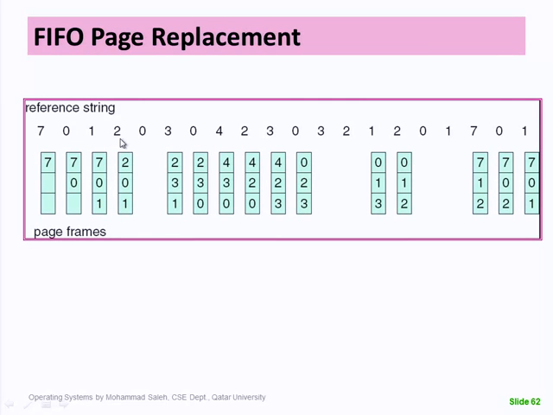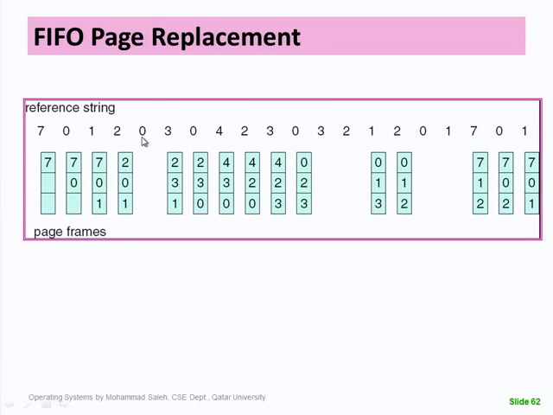Now at this point, the process is referencing page 2. Page 2 is not in memory. So what we needed is to use a particular replacement algorithm. In this case, for example, it's FIFO. It says the one that was first in is the victim. Okay, and the one that was first in is 7, so it is the victim, replaced with the page 2, okay?